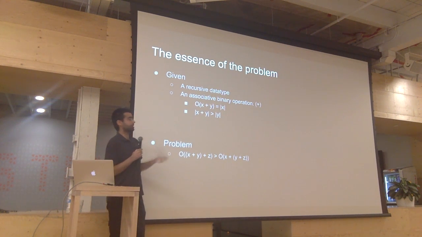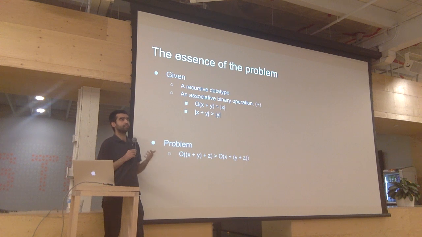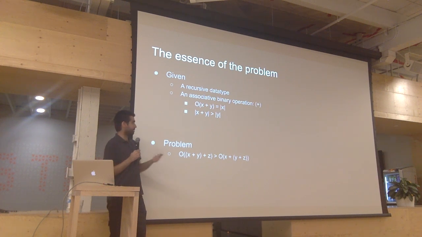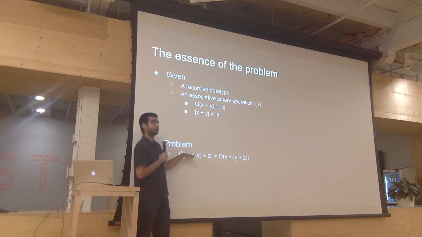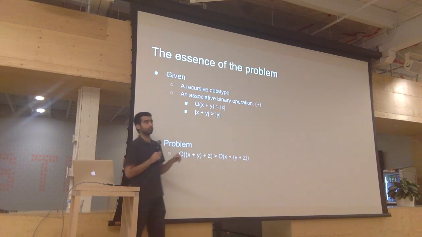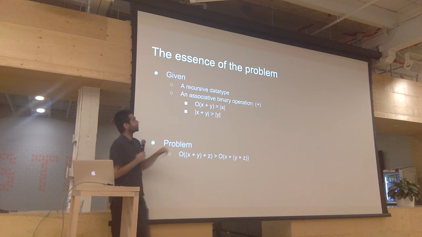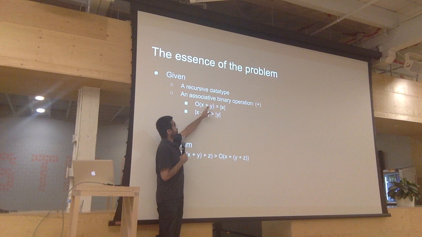It doesn't really matter whether it's left or right. Essentially, it's talking about a bias. It's asymmetric, and it's this asymmetry which becomes the essence of the problem, that one kind of grouping is better or worse than the other kind of grouping. Right, so if it were the case that O of x plus y is y, it would still apply.